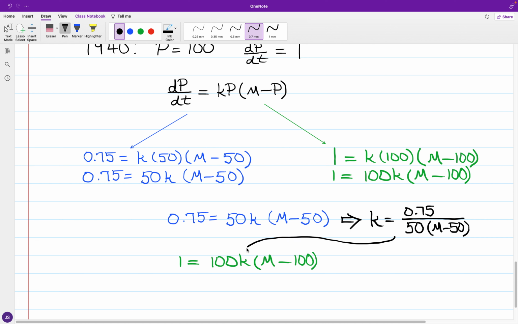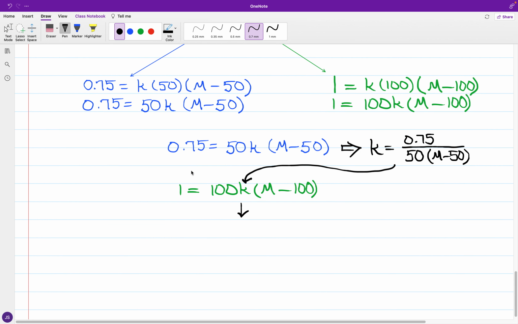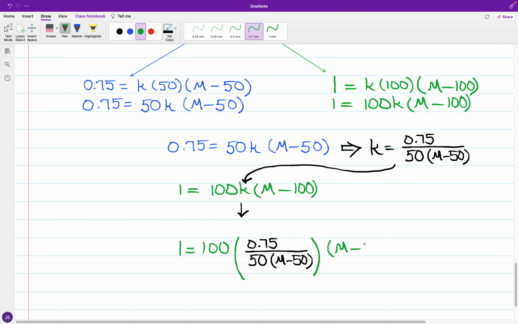And if I carry this over and substitute for K in the 1940 numbers, I have 1 is equal to 100 times what we have for K, times the quantity of M minus 100.